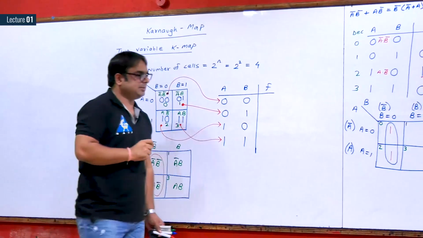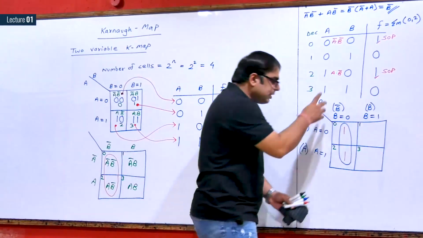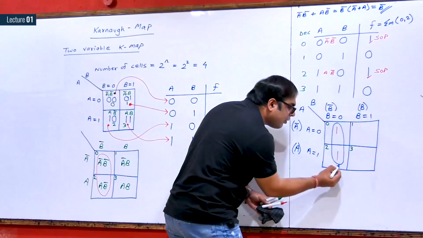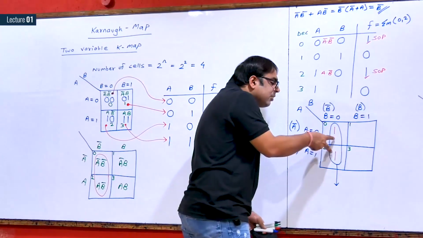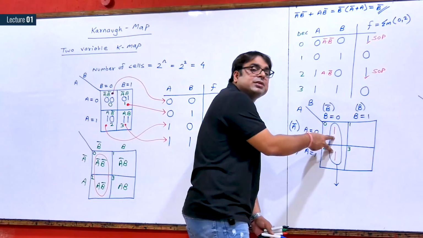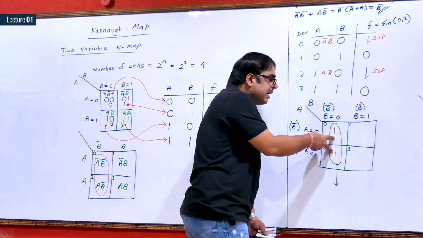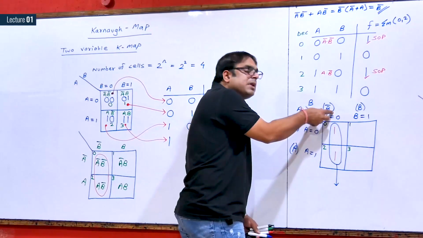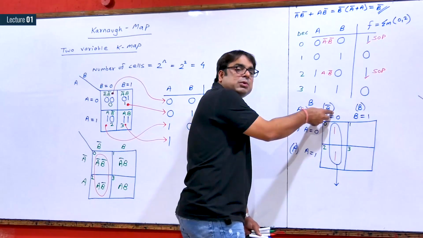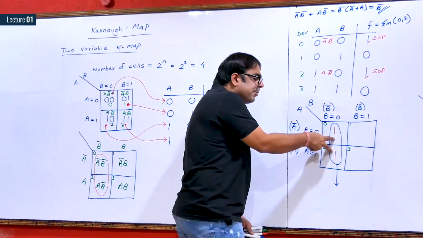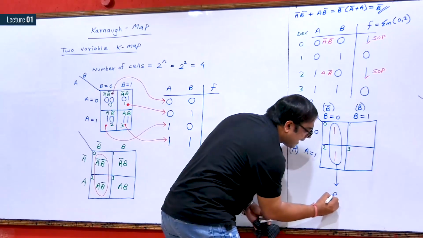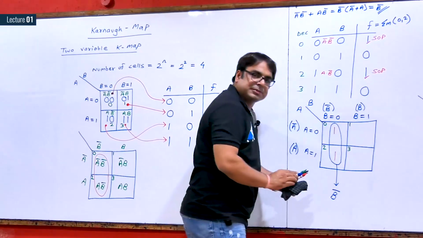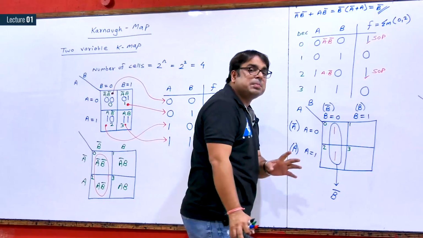Now you come back here. To write down the minimized expression, you have to see what is constant throughout this group. In this group, B complement is constant throughout, so the answer is B complement.